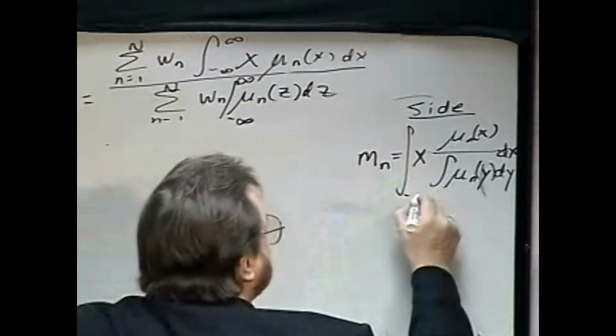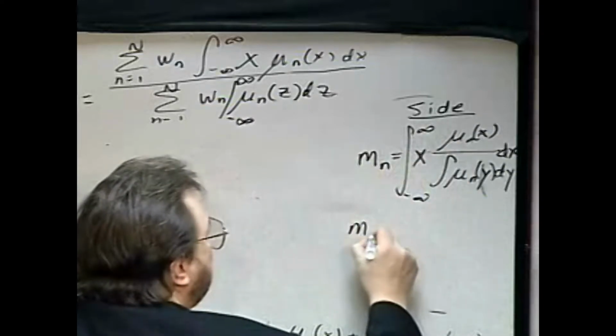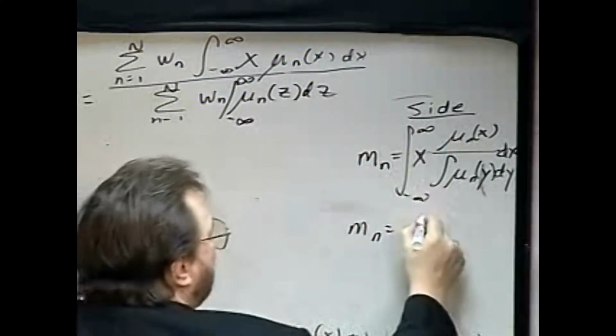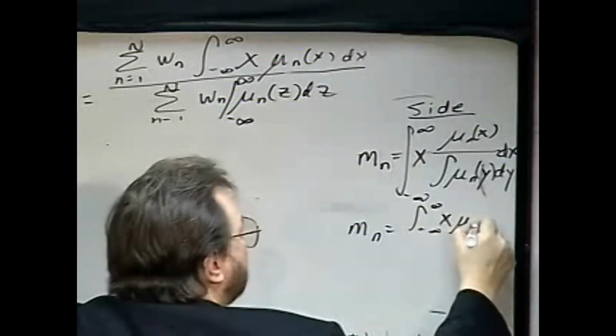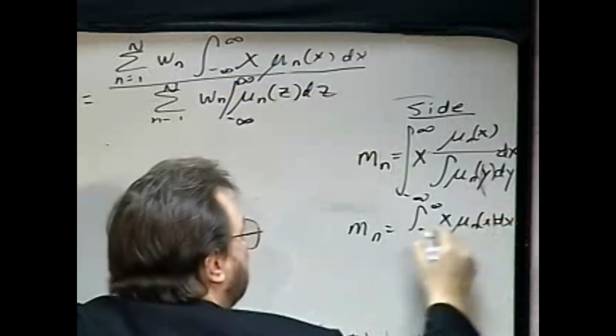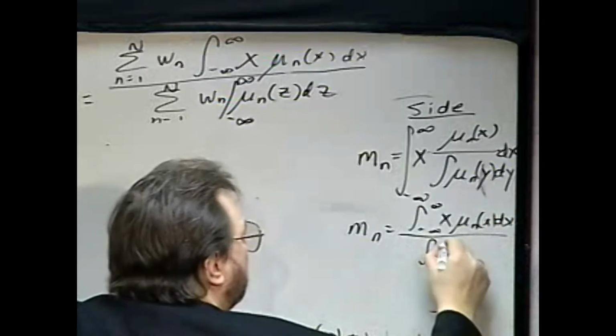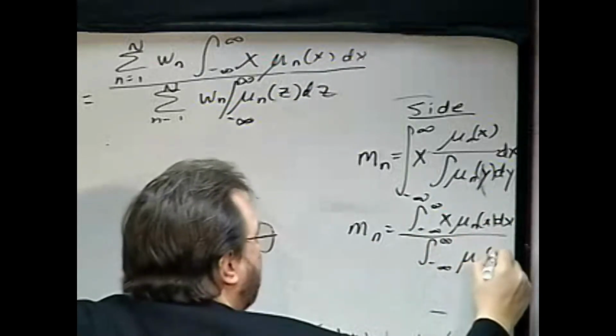Okay, this being the case then, m sub n is equal to the integral of x times mu sub n of x dx divided by the integral of mu sub n of y dy.